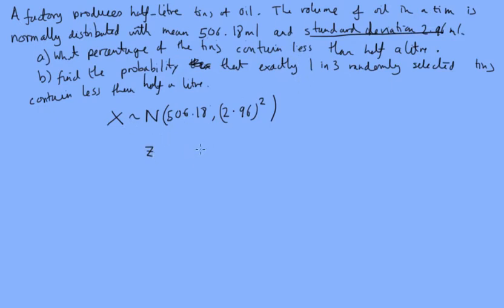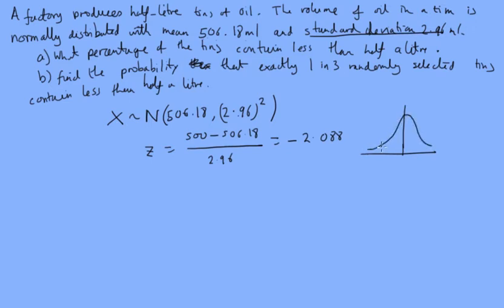So now we need to find our value for Z. We're looking at X being 500 minus the mean, and because this is the standard deviation, we just write 2.96. And that gives us minus 2.088. So we want this probability, less than the 500, which is less than minus 2.088.